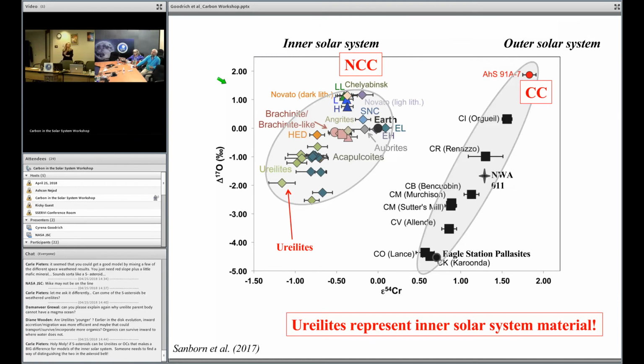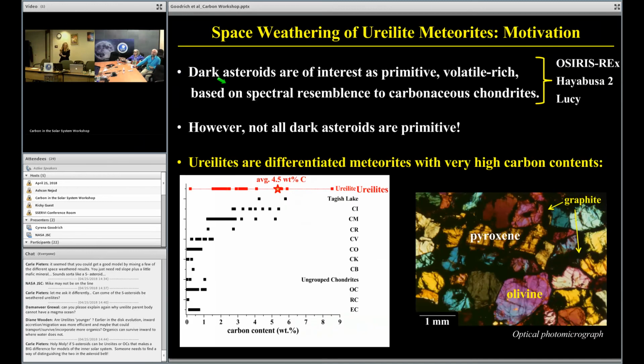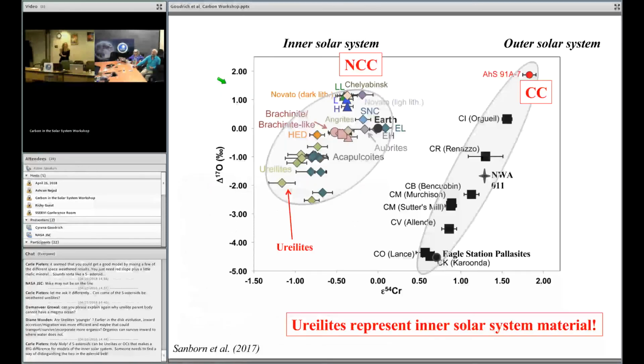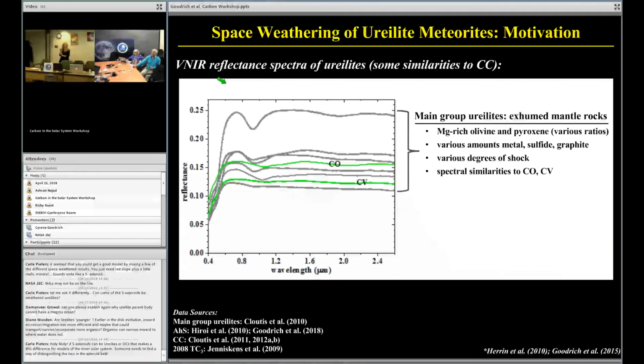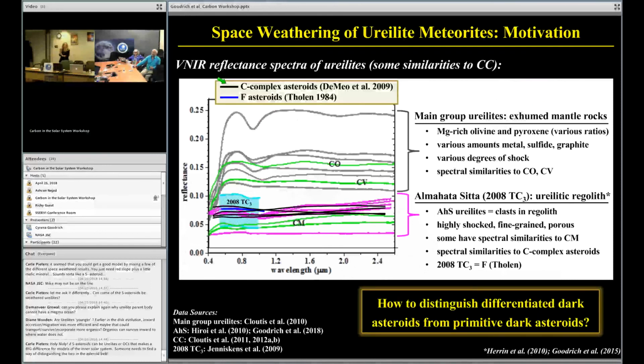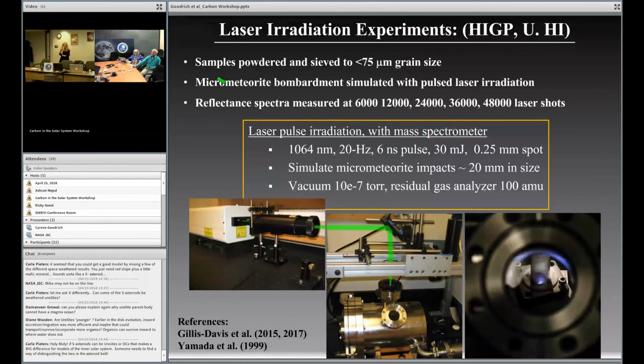Let me get back to Carly's question about whether Uralites can be from S-class asteroids. I thought that in the plot of the weathered samples, you compared them to D-type asteroids, not S-type, right? Aren't they redder than S-type? Can we see that plot again? I'm trying. Okay.